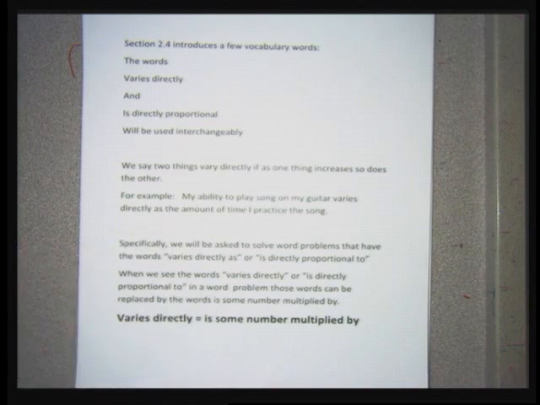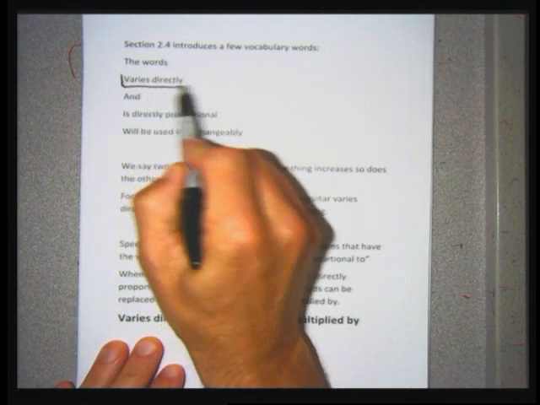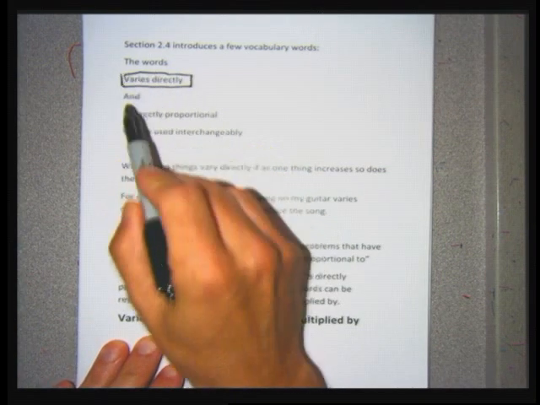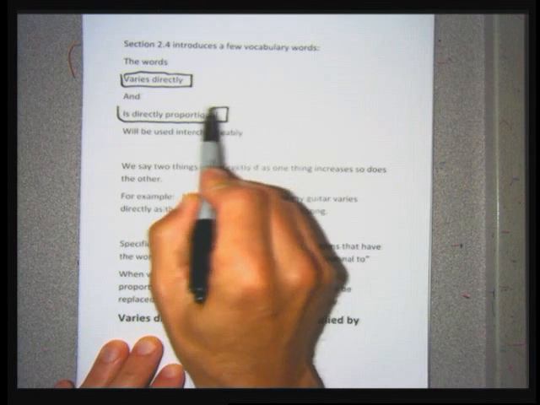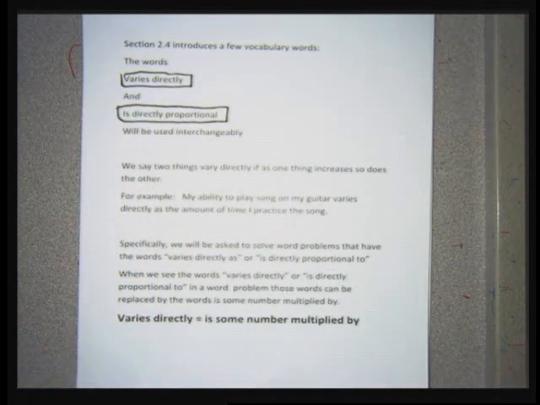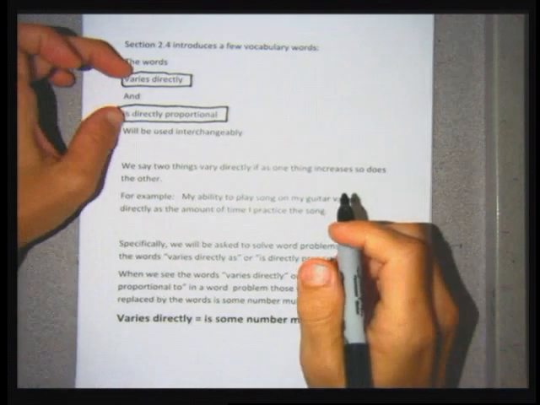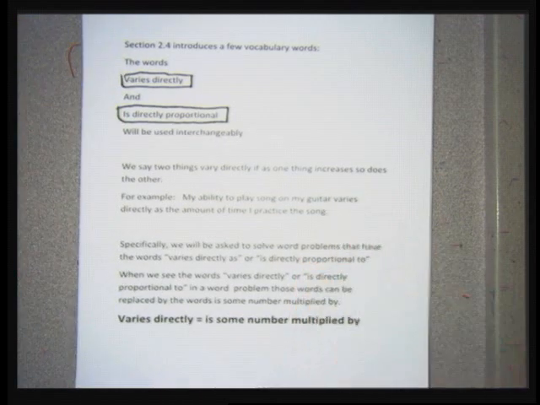So I'll go through this first page. The big thing in this first page is that we're getting words that you may or may not have heard, and even if you've heard them, you might not understand what they mean in the context of an algebra class and how we're going to use them. The words varies directly or is directly proportional to are going to be used interchangeably.